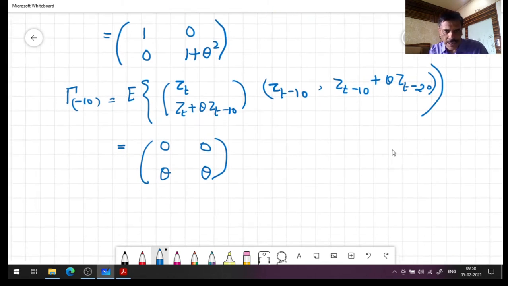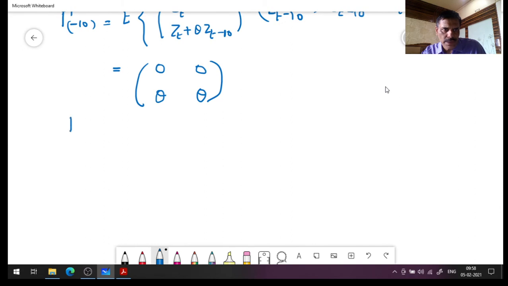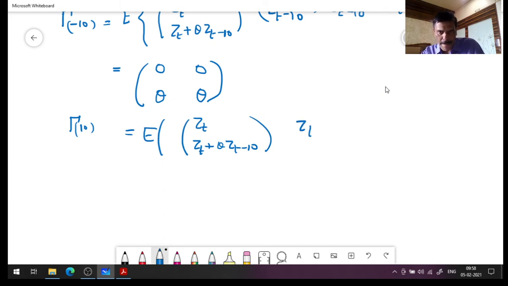Let's compute gamma of 10 in this case, and I just want to see whether your claim is correct. I am doing it only for the first one, the rest you should do. It is zt plus theta zt minus 10, and here it is plus 10, so this will be zt plus 10, and here, sorry, I think I made a mistake.